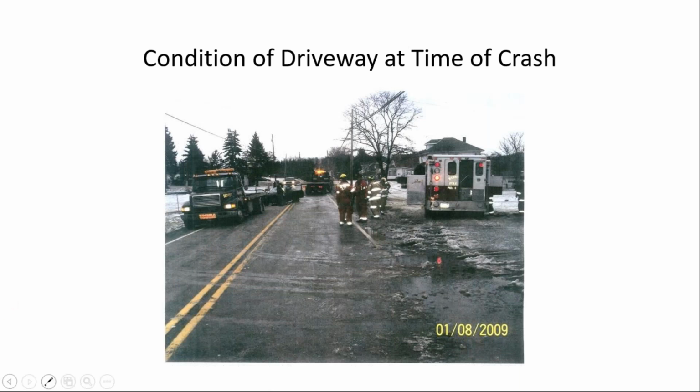Here's another view as they're just getting ready to move the vehicles and maybe transport the victim. This is the driveway here, barely visible on the right. But notice there's a large amount of water and ice, both on the shoulder, on the roadside, and partially on the travel lane.